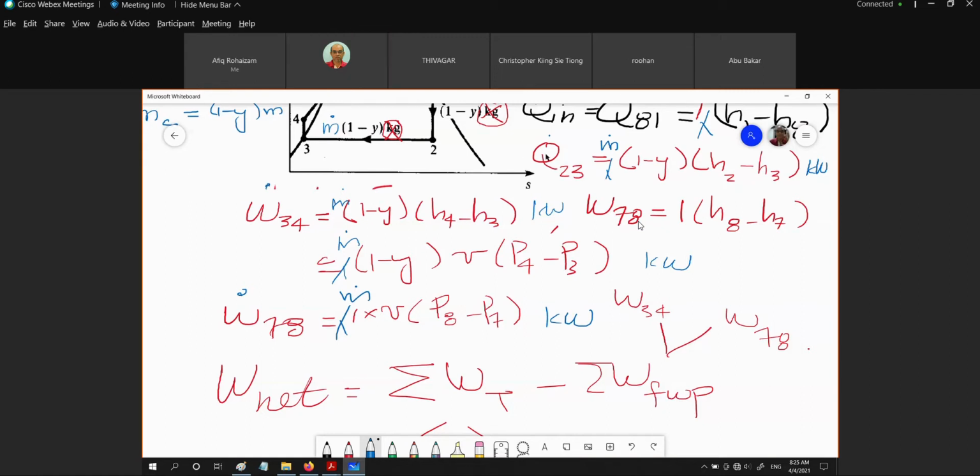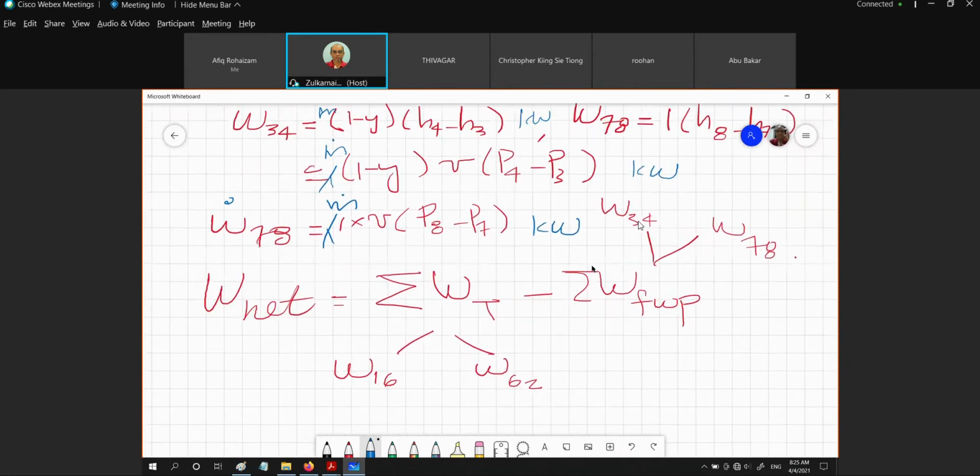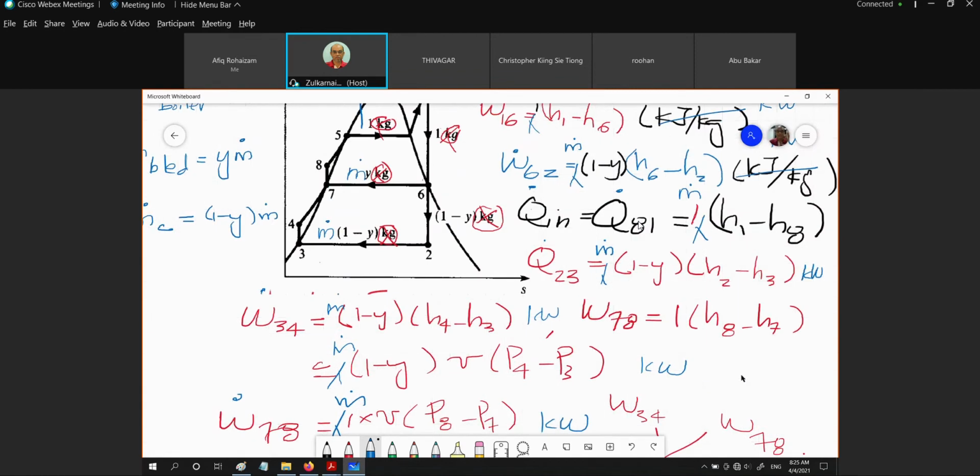Okay. So if you look carefully, in order to get W net and Q in, which will determine our thermal efficiency, we need to get all the enthalpies involved in this type of case.